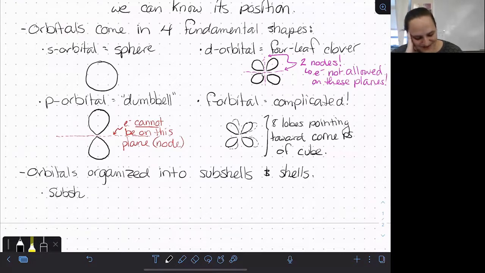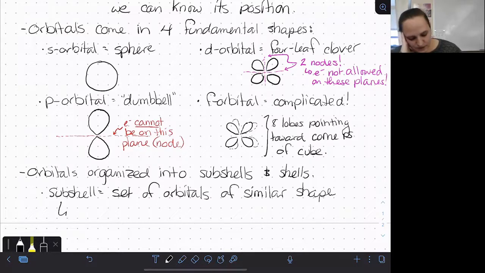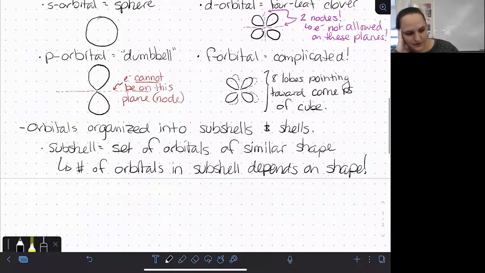So the subshell is a set of orbitals of similar shape. And the number of orbitals in a subshell depends on which shape we're talking about, but it is always the same for a particular shape.